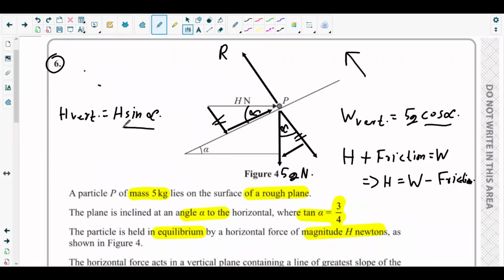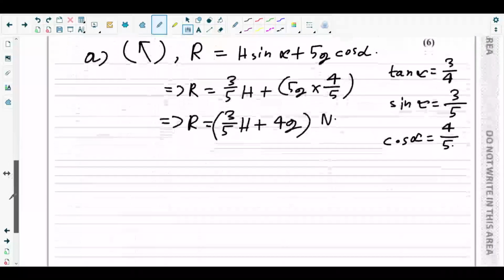Because in limiting equilibrium, the particle P will be on the point of moving up or down the plane, and we are considering friction acting up the plane. So when the particle P is in limiting equilibrium and on the point of moving down the plane, friction will act upward, and at that moment H will be minimum.